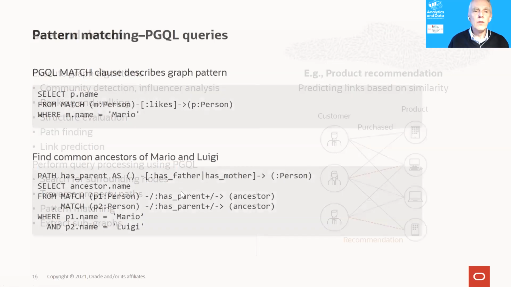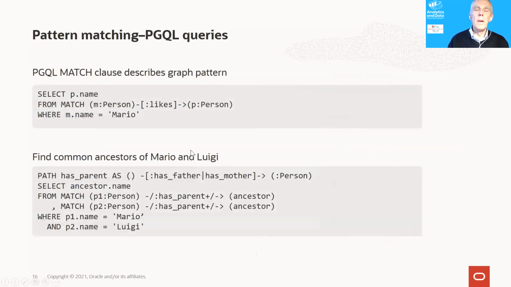And the way you would do this is using a dedicated query language, because if you want to do pattern matching queries, you need to specify the pattern somehow, and SQL doesn't yet include this. We're actually working towards an extension to the SQL standard to cover that. But for the time being, and what goes into the proposal for the SQL extension, is what we call PGQL, Property Graph Query Language.